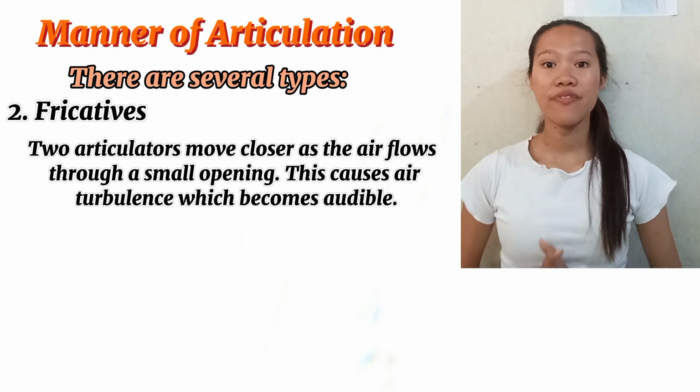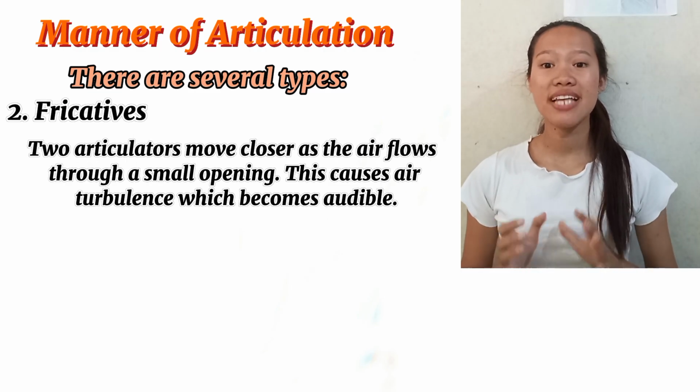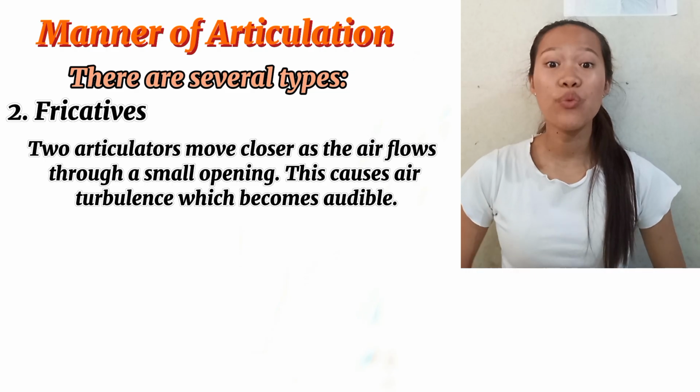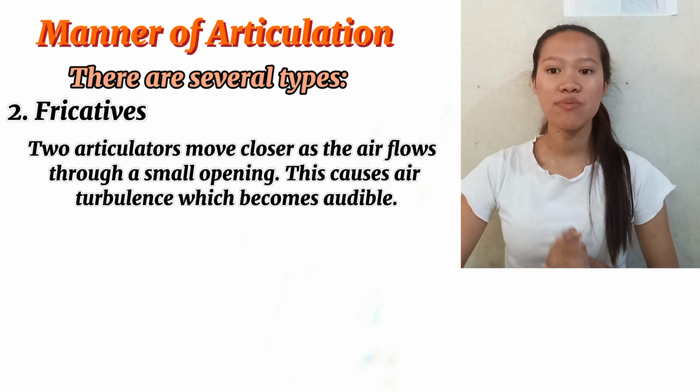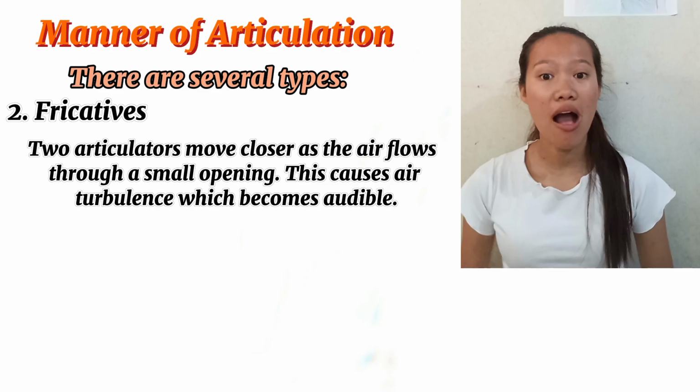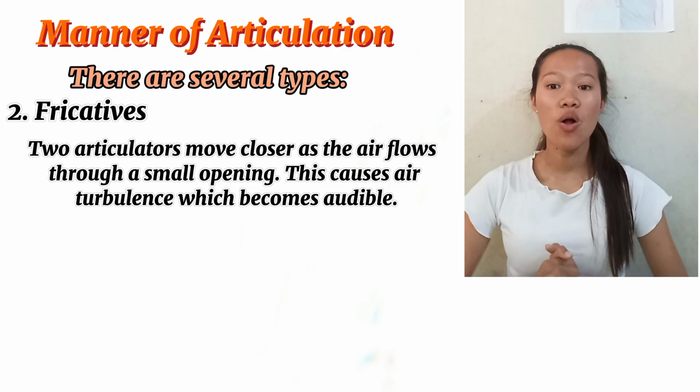So next we have fricatives. Fricatives are sounds we make when we let air pass through a narrow space between two parts of our mouth, causing friction, buzzing, or whistling sound.